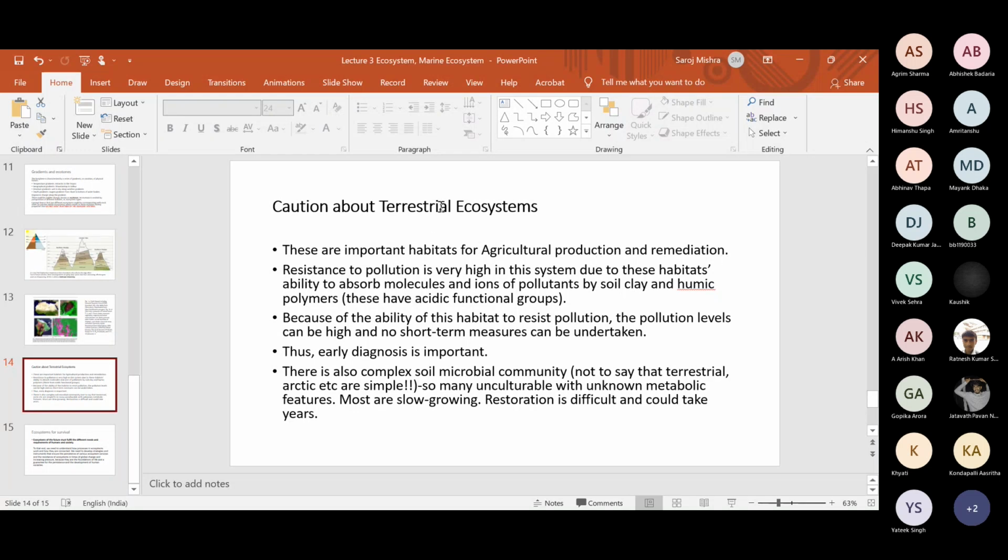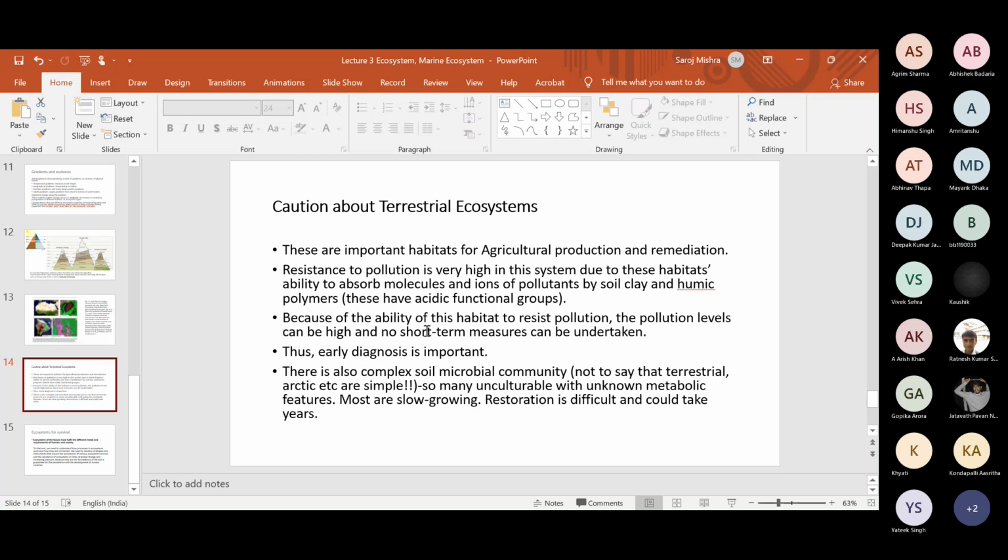Generally, the terrestrial ecosystems are quite resistant to pollution because they are covered by soil, and soil has humus. They have a lot of particulate matter, the decaying matter from the plants, called humus, which gives them the ability to bind to various kinds of pollutants. So soil has a great absorption for pollution.